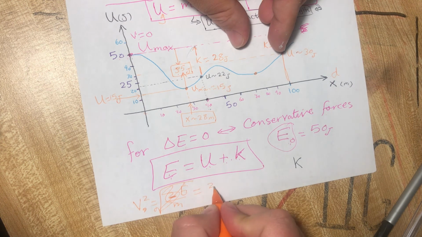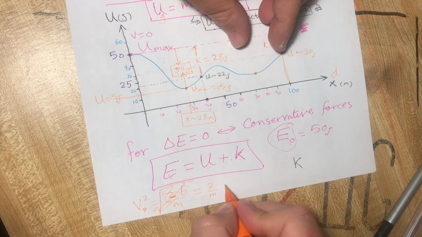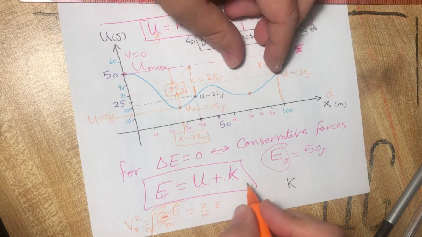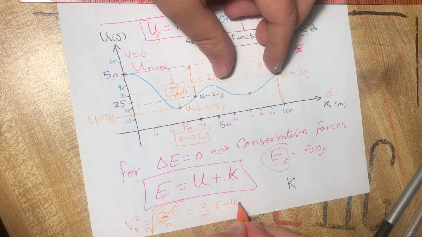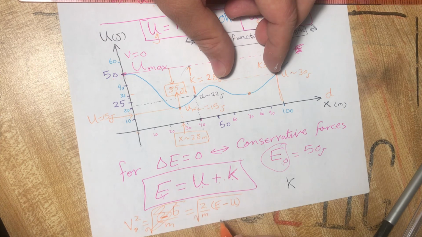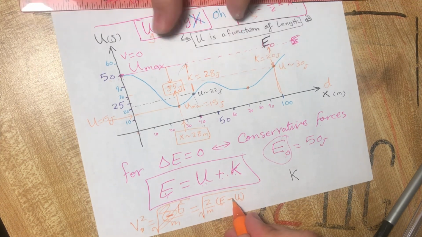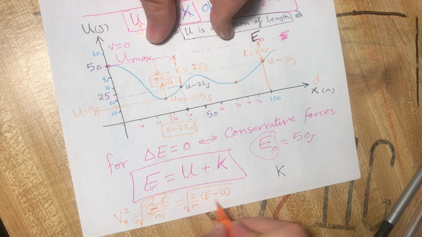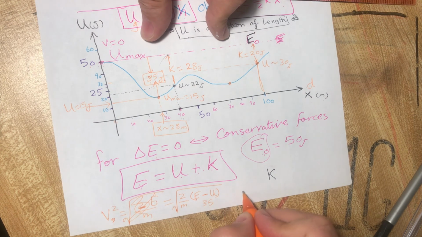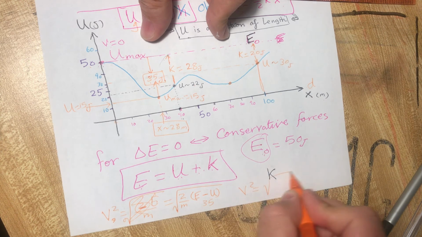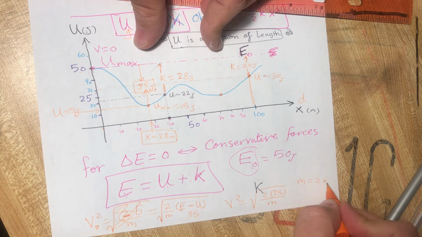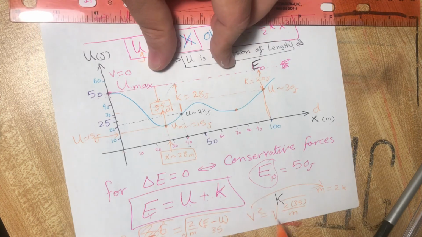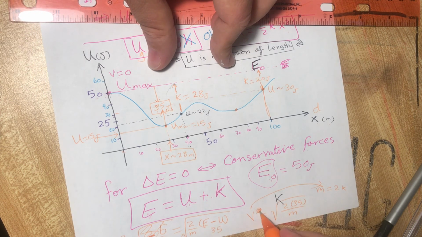It will equal 2 divided by m multiplied by the change between the mechanical energy and the potential energy. The change is 35. So V squared is equal to 2 multiplied by 35, which is the kinetic energy, divided by m. If I give you m equal to 2 kilograms, then you can find the velocity. V, not V squared, because we use the root here.